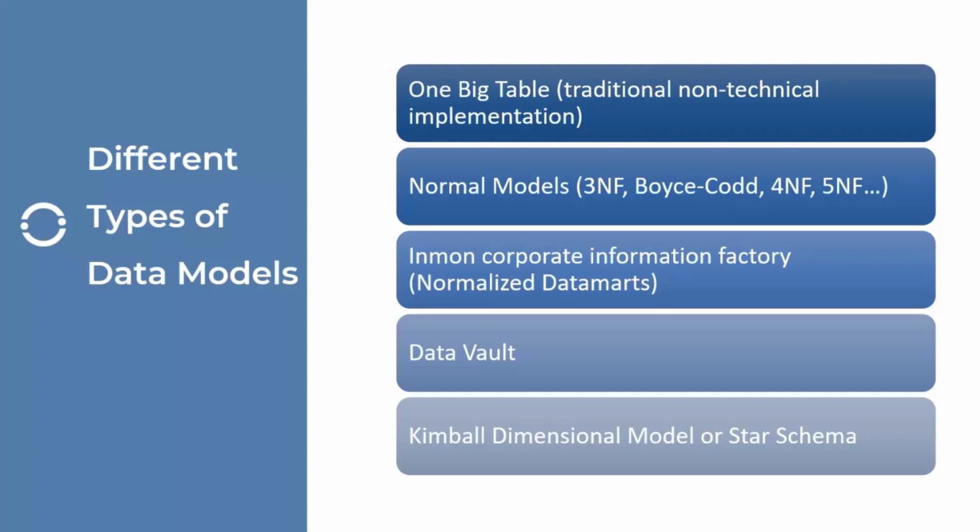There's also normal models. So I'm thinking third normal form, Boyce-Codd normal form, fourth, fifth normal form, however many normal forms you actually want to go into there. These, again, are very useful, but they're more useful for transactional processing systems.